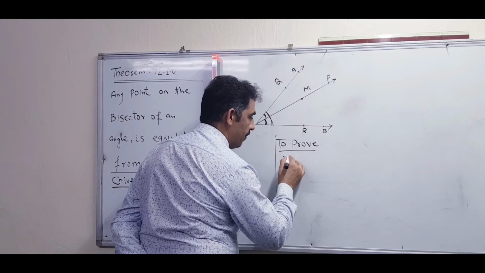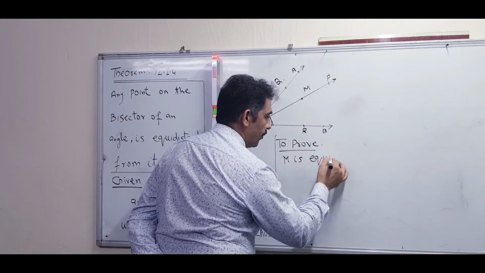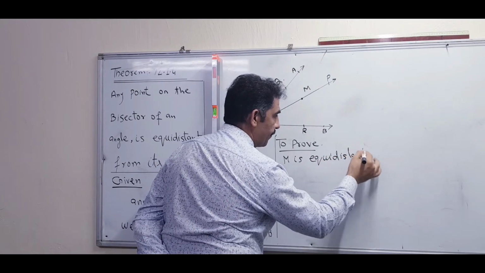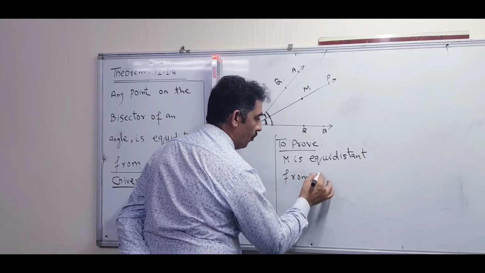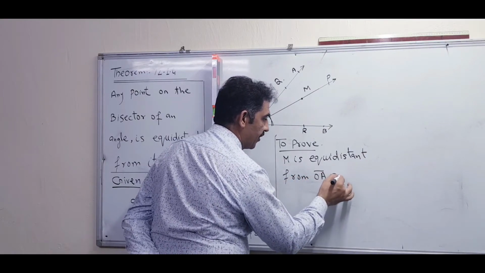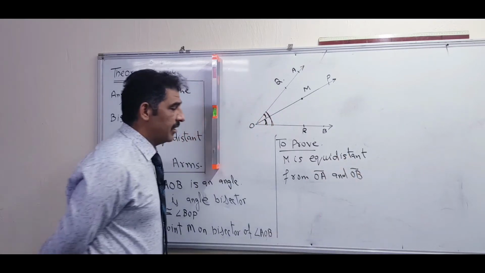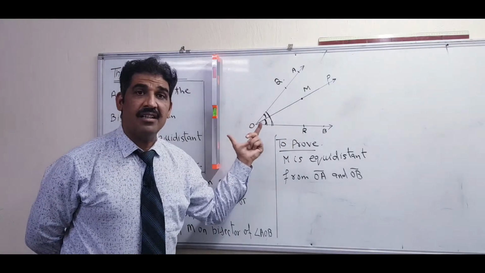Point M is equidistant from OA and OB. But the problem is that OB and OA are the main lines.